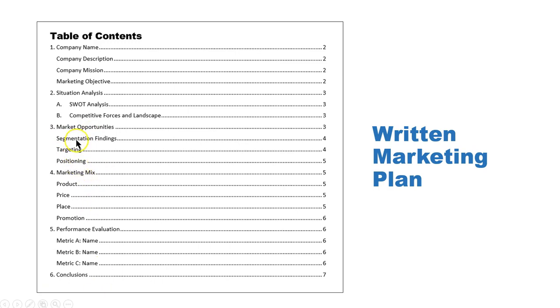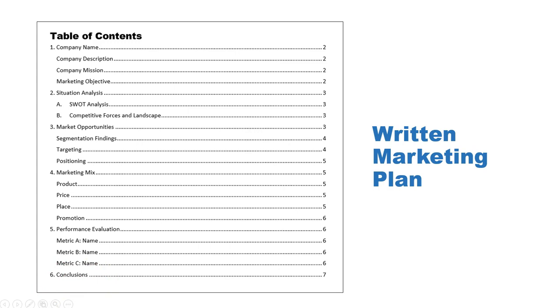Having done that, you will now be able to create marketing strategies around the 4 Ps, given your targeted market and your positioning statement. This will focus your efforts, right? And then you will create performance evaluation metrics so that you can understand how this marketing strategy may be doing. And then you'll just put a ribbon at the end and have conclusions.